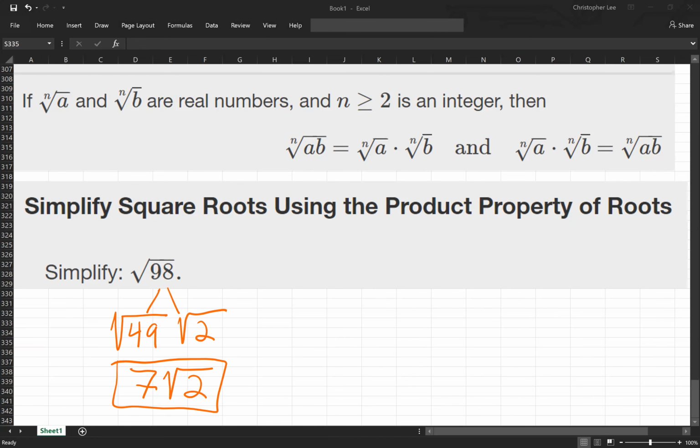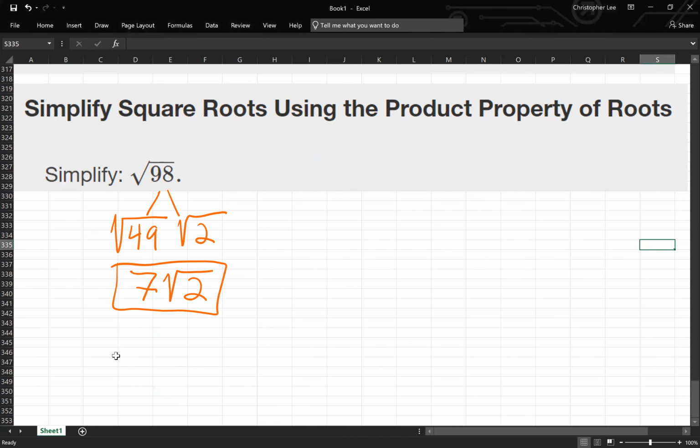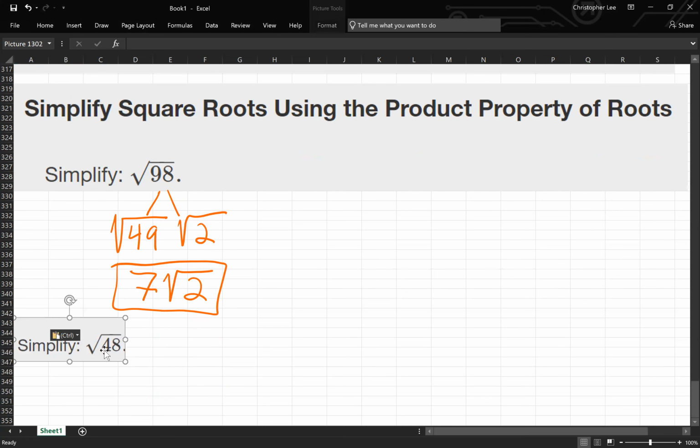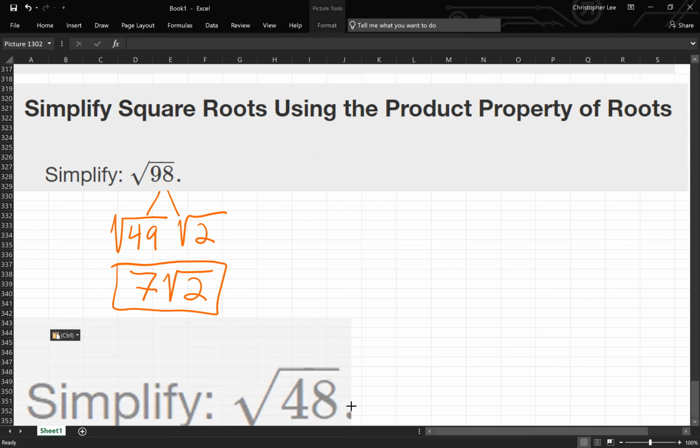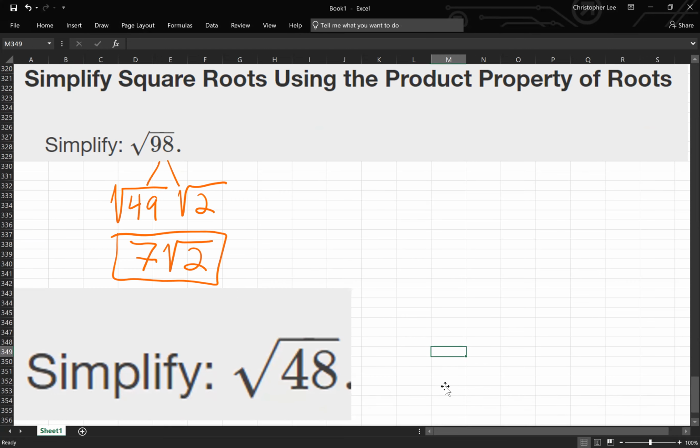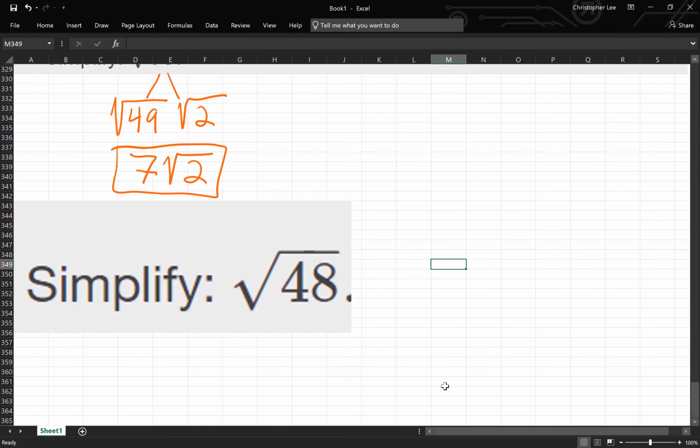You guys try. Here's one. It's not as hard as that one, but still pretty good. Square root of 48. What do we think? 24, no. Is there a perfect square that goes into 48?